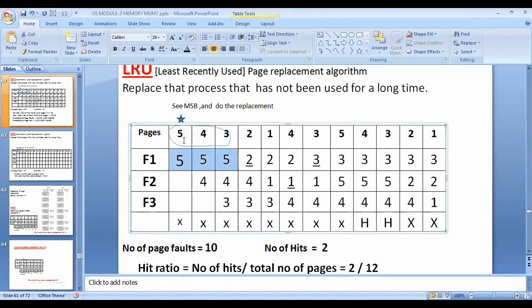But in case of least recently used, as I have shown here, this star indicates that you should look at the MSB positions in the number of pages, and the page at the MSB position needs to be replaced. Why? Because that particular page has not been used for a long time.